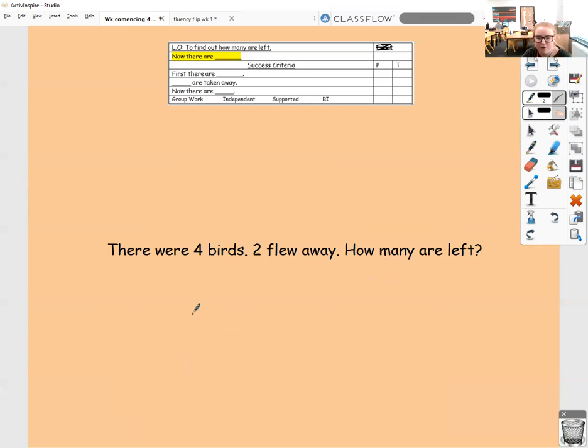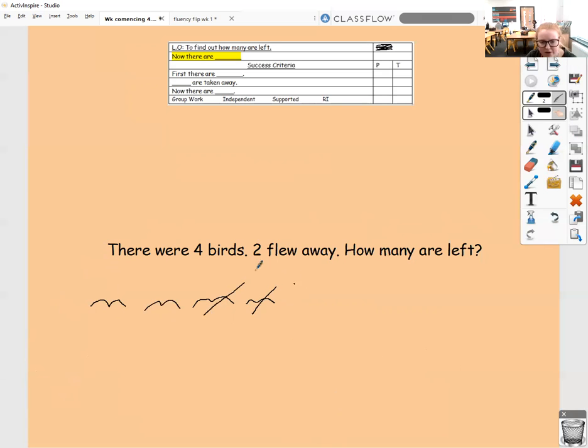Let's have a look at our last couple of questions. So there were 4 birds and 2 flew away. How many are left? So let me draw up my birds. 1, 2, 3, 4. So I got my 4 birds, and then 2 flew away. How could I show that 2 have flown away? I know I could cross 1, 2 out.